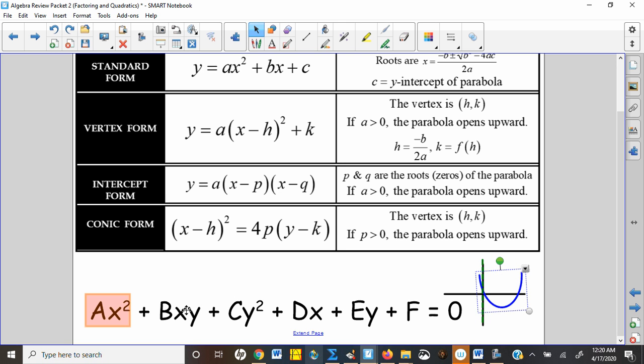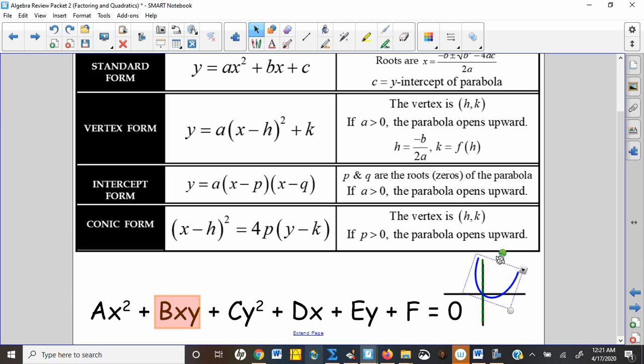And then if there is this term right here, see this bxy? That is a funky dude. We usually don't even have time to mess with that in math analysis. But what that does is it starts rotating. Remember when we did all of the transformations of shapes last fall with the triangles and stuff, and we did dilations, translations, reflections.